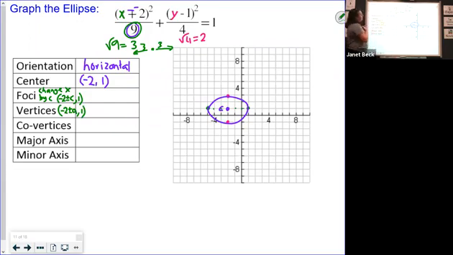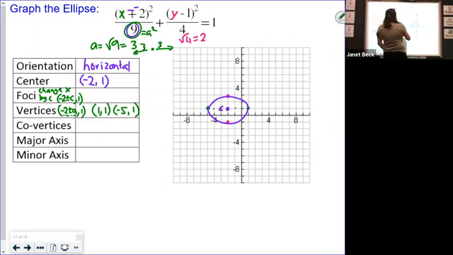How do I know which one's a? The bigger one is a squared, so my a is 3. So -2 plus 3 would give me +1, followed by 1. -2 minus 3 gives me -5, 1.